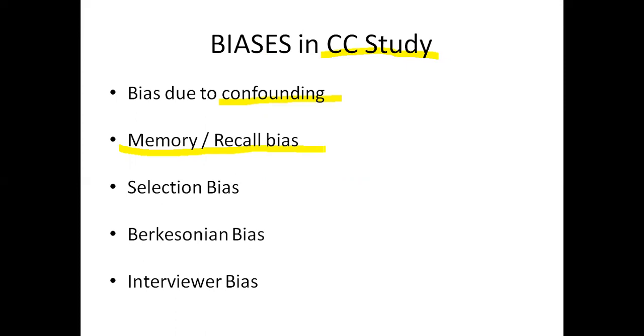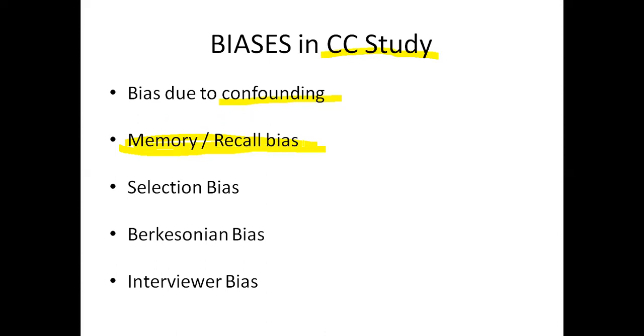Cases are those who have had some disease. They might have had a myocardial infarction or a COVID-19 infection, or their child might have had some teratogenic event during pregnancy or as a result of pregnancy. So it is generally expected that the cases are going to give you better quality of information as compared to controls, and this is something known as the memory bias or the recall bias.